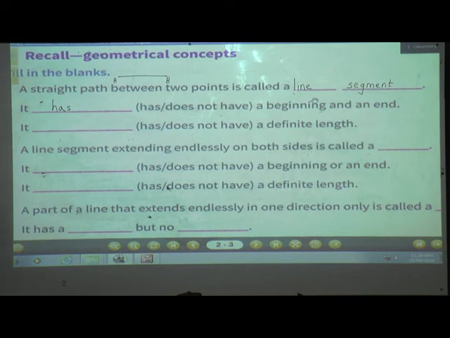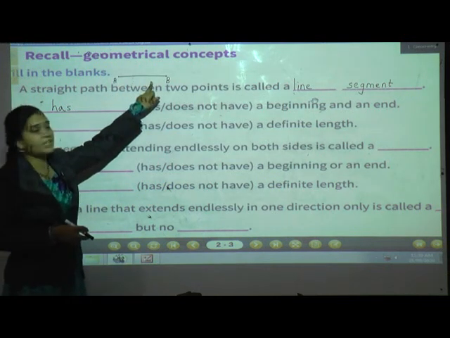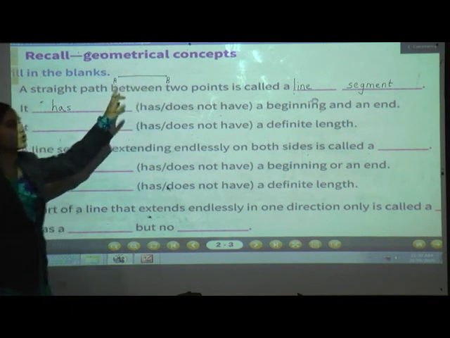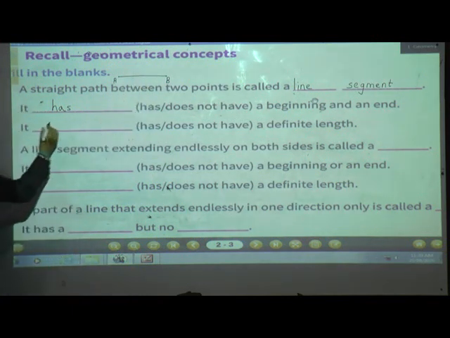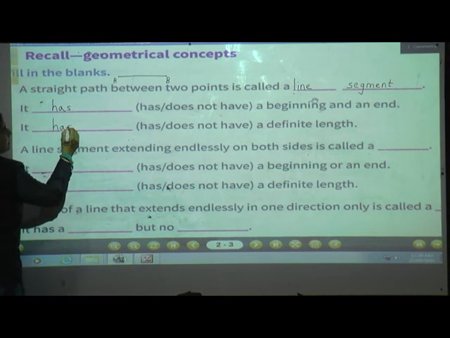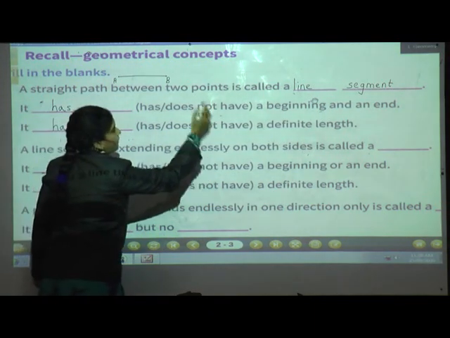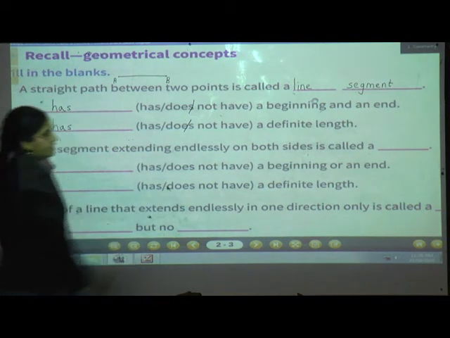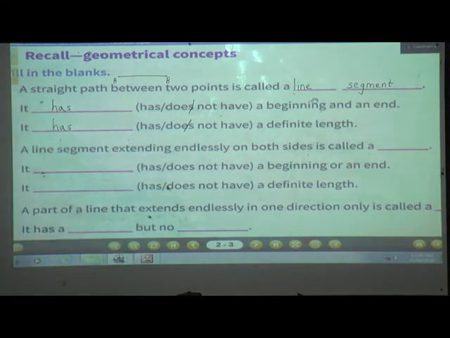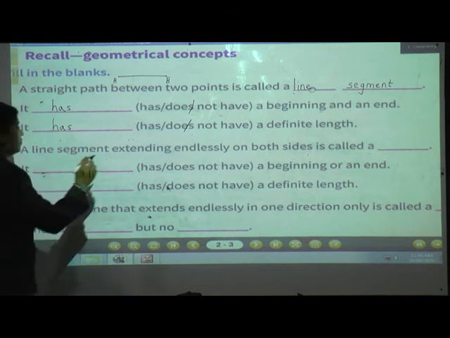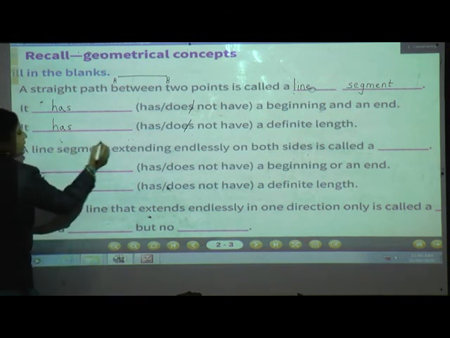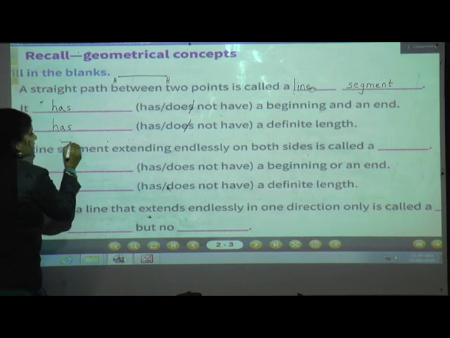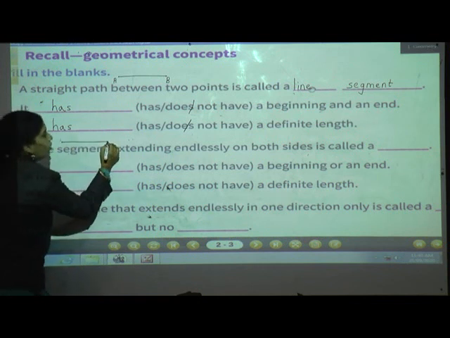Then next one, it dash has or does not have a definite length. So what is the answer? Yes, students, we can measure it by using the scale. So our answer is it has a definite length. Now next one, a line extending endlessly on both sides is called a, see, on both sides.